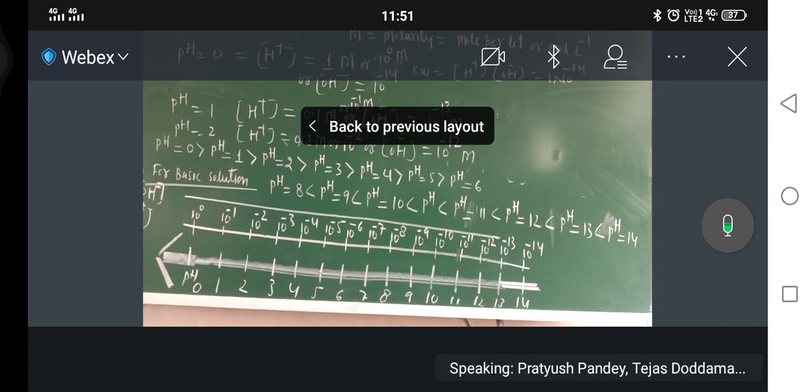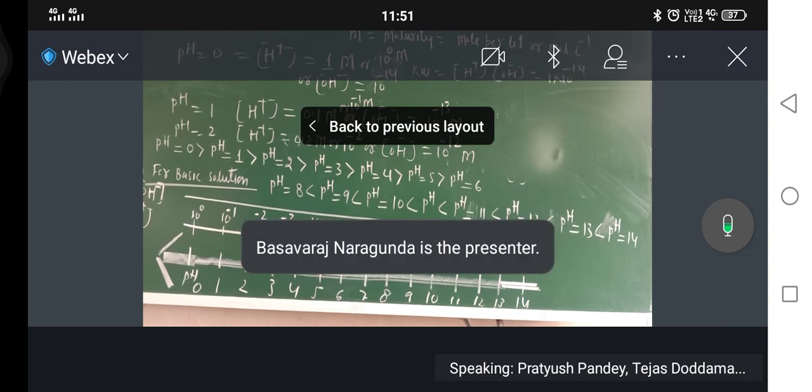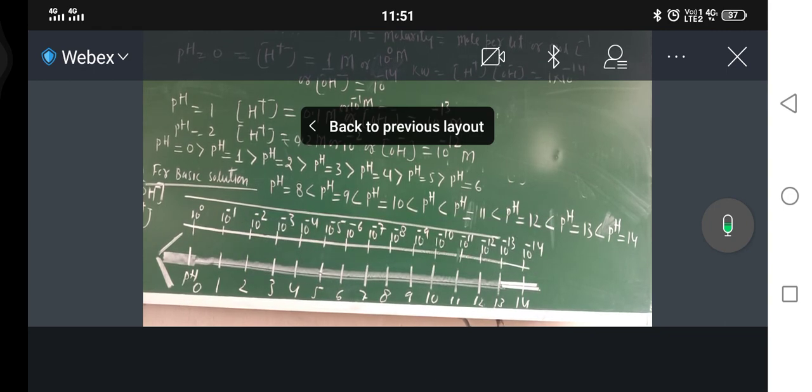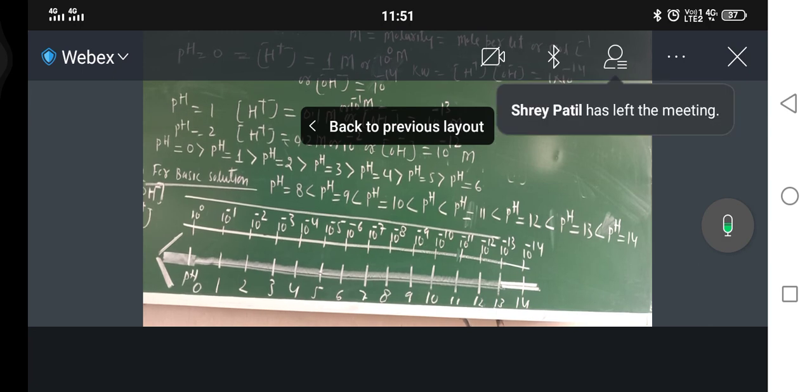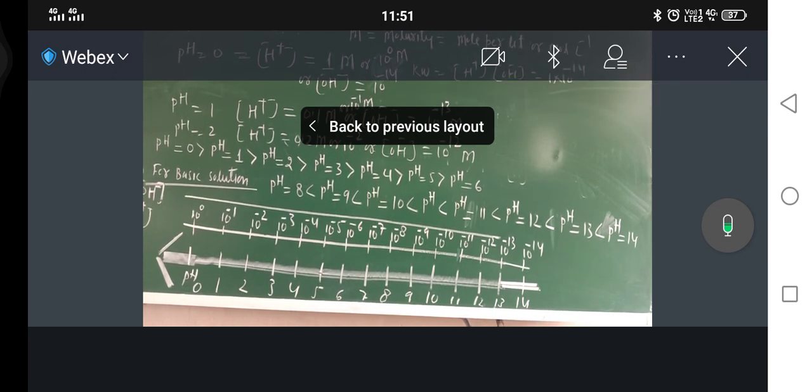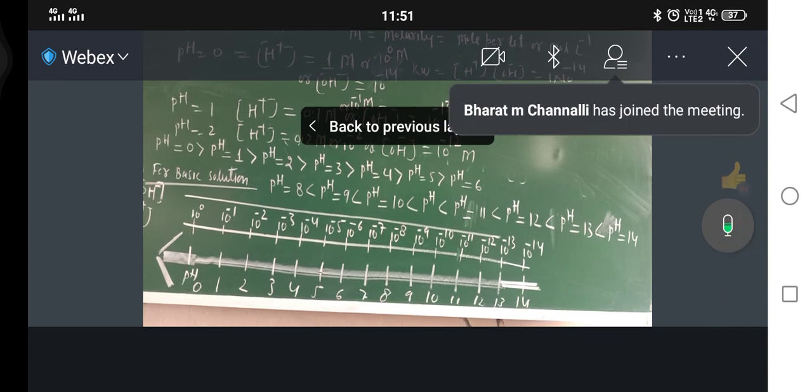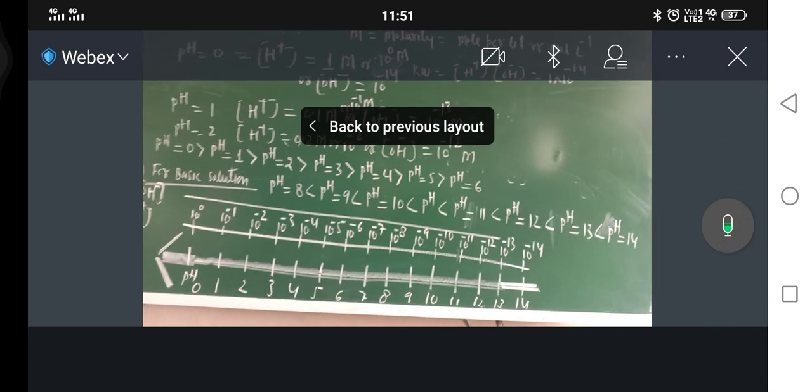On the basis of that discussion, now I am explaining the pH scale, which is written below. I am going toward the blackboard and applying the color mic now.